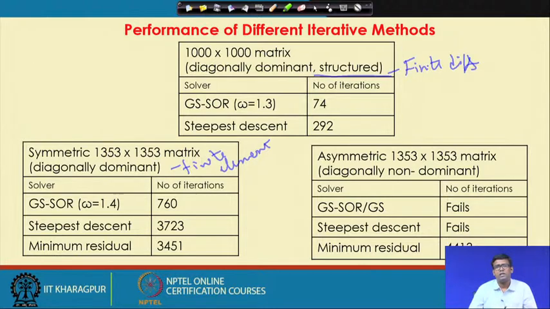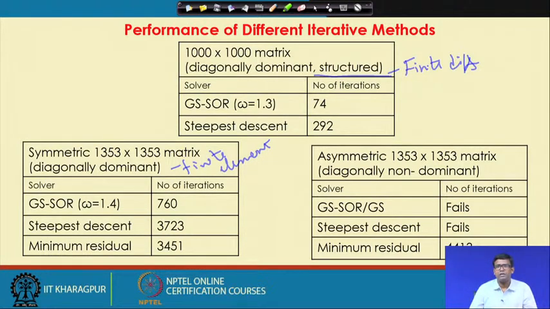So, two ideas again we cultivate from here. One is: can we get a method which is much faster than steepest descent and minimum residual? The basic iterative methods cannot be improved more than finding the best optimum SOR factor, but steepest descent or minimum residual, can they be improved?